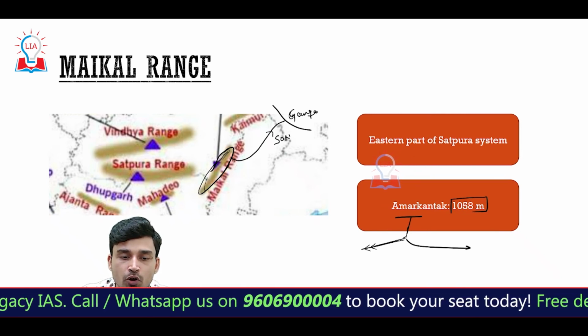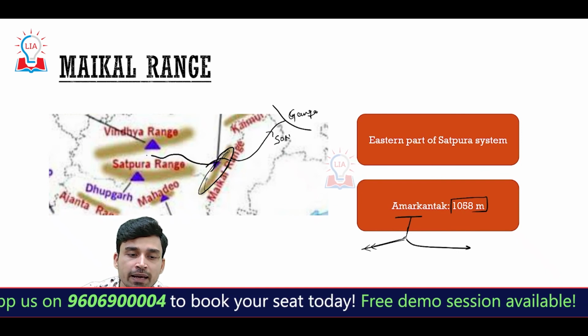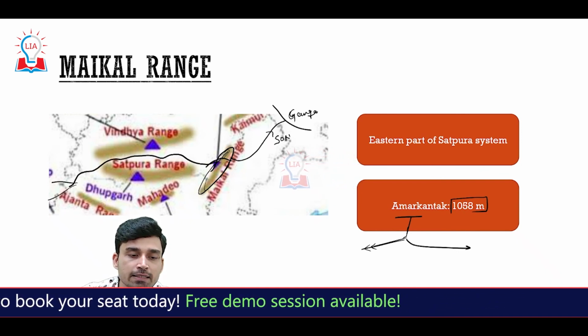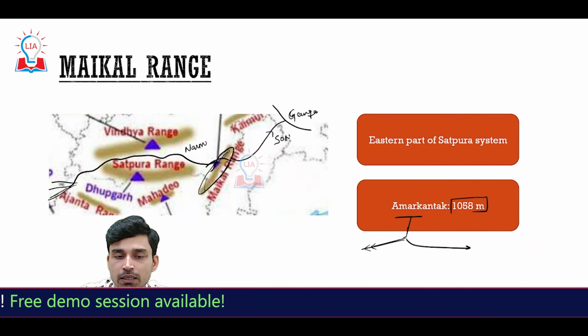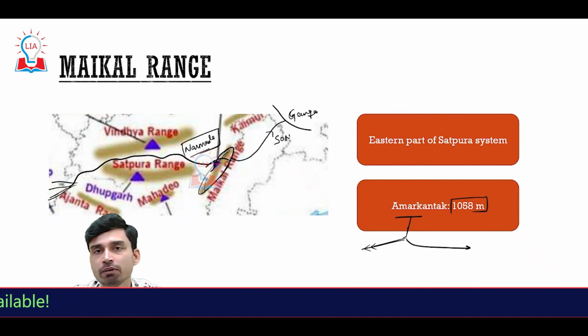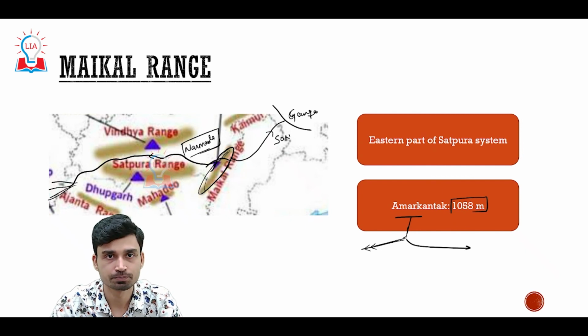The other river originates from Amarkantak Hills on the other side and flows between Vindhya and Satpura. Finally, it enters the state of Gujarat, where it drains into the Gulf of Khambhat. This river is the Narmada river. So Amarkantak is a source of two very important rivers of India. One river is the northward flowing, eastward flowing, while the other river is the westward flowing river.